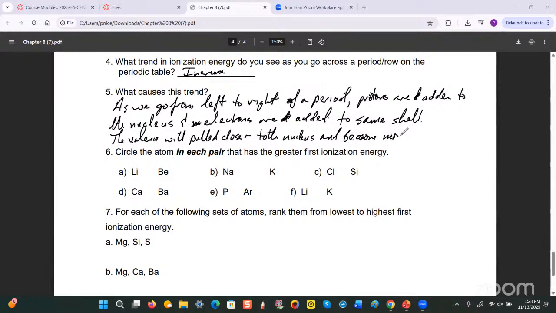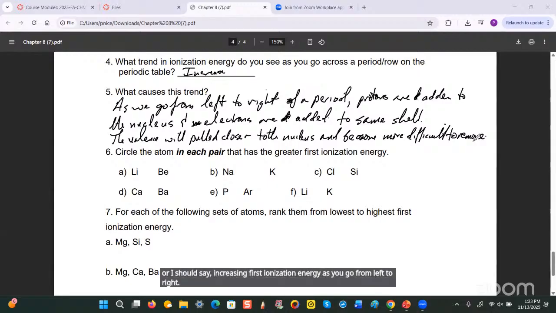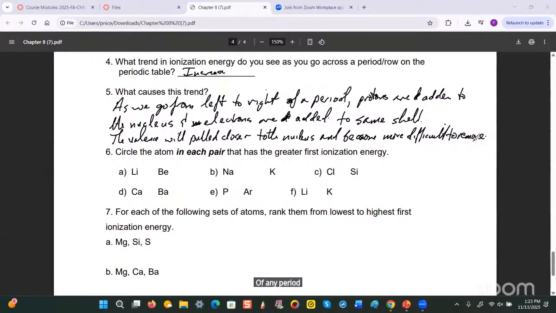And that's the reason why we see that general trend of increasing first ionization energy as you go from left to right of any period.